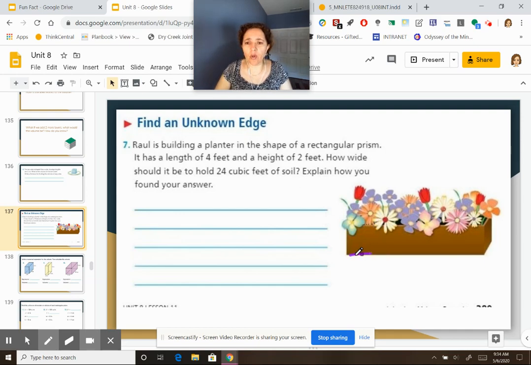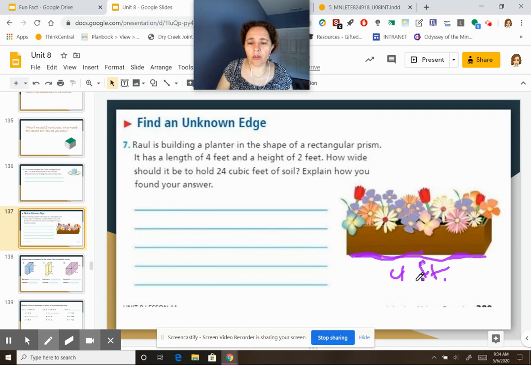I'm going to do one color for my length. So again, if you have 3 different colors, pause the video and go get 3 different colors. Doesn't matter, crayons, pencils, colored pencils, pens, and then come back. Okay, so I'm going to label this purple, and I'm going to say this is my 4 feet because this is my length. Okay, this is 4 feet.